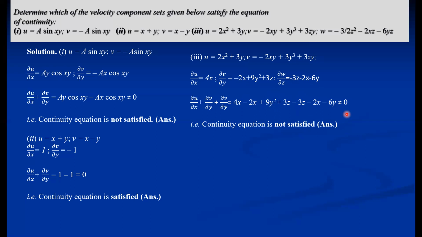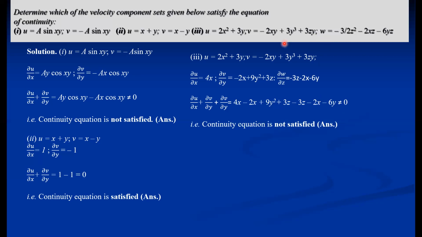So these are some simple numericals that can be asked, where we have to apply the continuity equation and check whether the flow is possible or not, or whether the continuity equation is satisfied or not. Generally in most problems, the velocity components are given, either two or three components. Or in some cases, directly the velocity vector is given, in the form v bar equal to some expression.